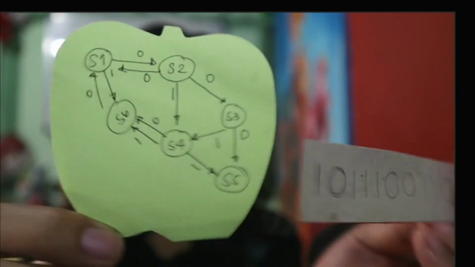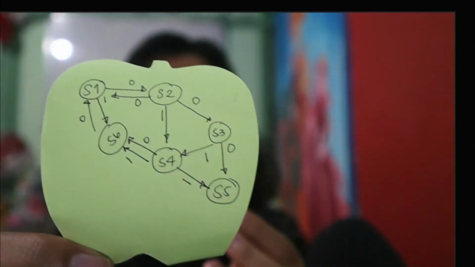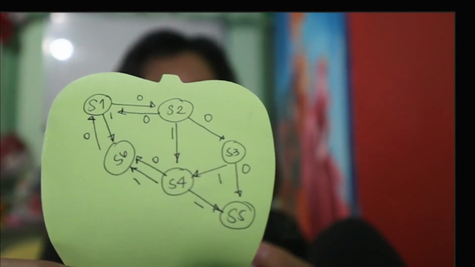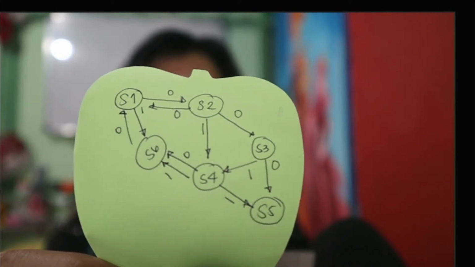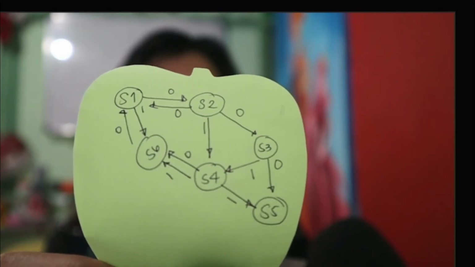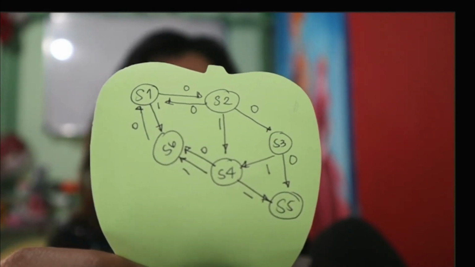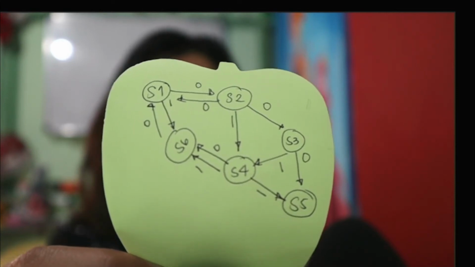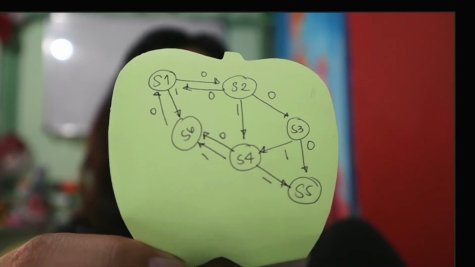Kapag meron tayong input na ang una niyang mababasa ay 0, ang starting niya ay si S1, sa state 1. Ang una niya ay 0, ibig sabihin pupunta siya kay S2, 0, 1, S4, then 1, S5, pupunta siya kay S5, then 0, pagdating kay S5, actually dead end na.